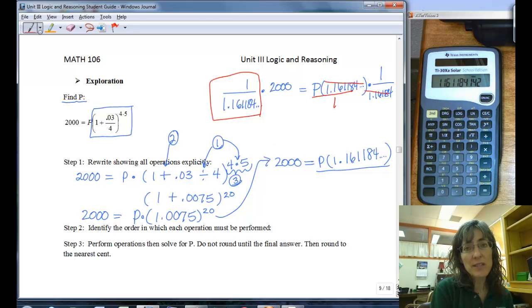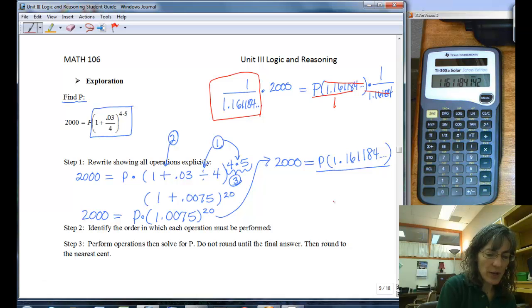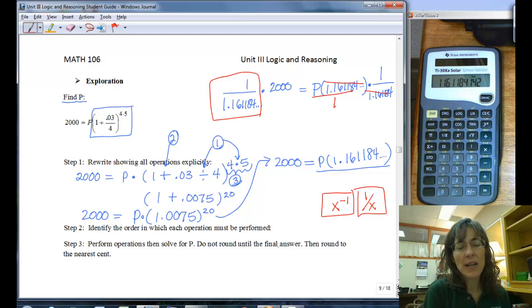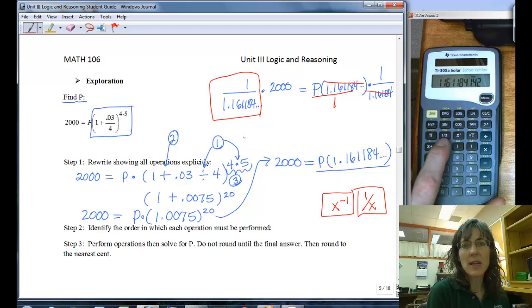And the cool thing is that we have a button that'll do that for us. So look on your calculator for a button that looks like x to the -1. That's one way it might look, or it might just look like 1 over x. And if you have that 1 over x, that's exactly what we're doing here. 1 over the number sitting on the calculator. And on my calculator, it looks just like that.